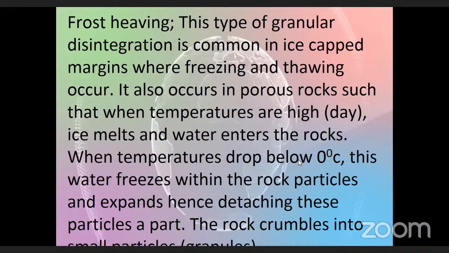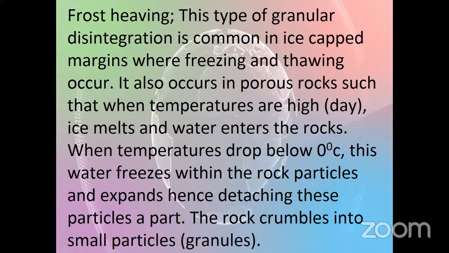It also occurs in porous rocks such that when temperatures are high, in brackets during the day, ice melts and water enters the rocks. When temperatures drop below 0 degrees Celsius, this water freezes within the rock particles and expands, hence detaching these particles apart. The rock crumbles into small particles, in brackets, granules.